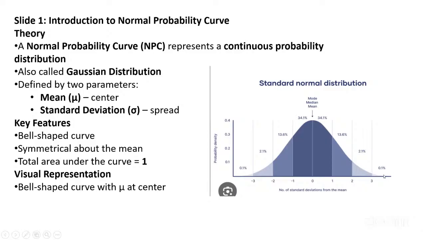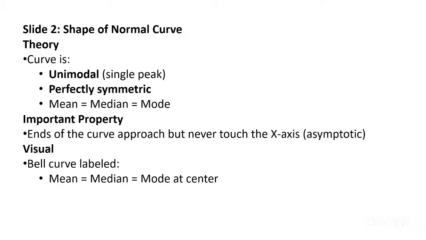That is the layman's idea of symmetricity. So this is symmetric about the mean, and as it coincides with mean, median, and mode, it is symmetric about mean, median, and mode also.